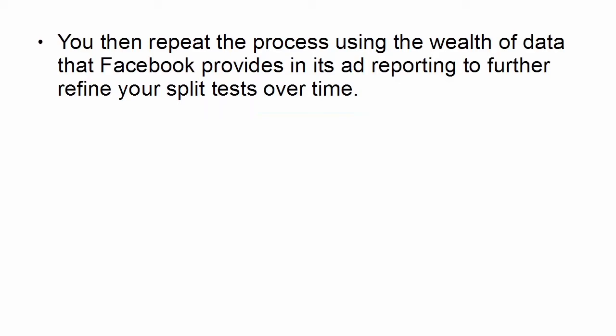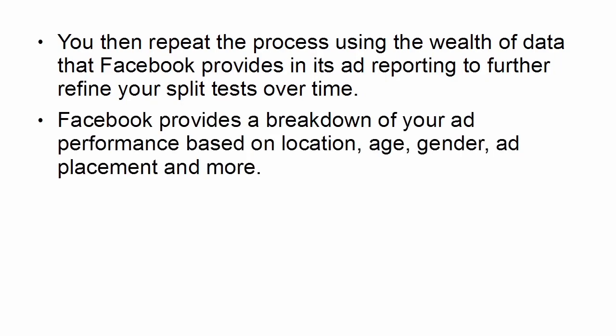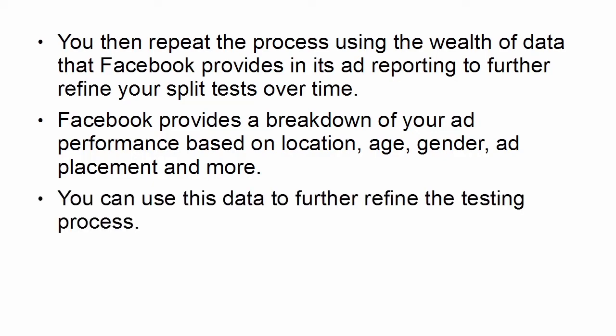And you then repeat the process using the wealth of data that Facebook provides in its ad reporting to further refine your split tests over time. Now, Facebook provides a breakdown of your ad performance based on location, age, gender, ad placement, and more. And you can use this data to further refine the testing process.